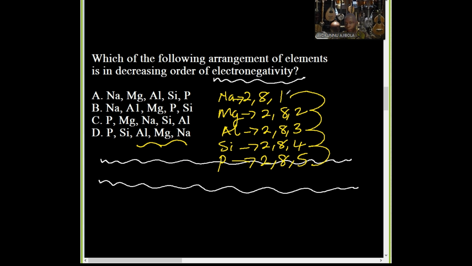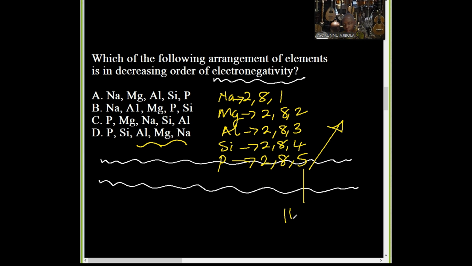So you can see 1, 2, 3, 4, 5. The most electropositive is this one, because it can donate one electron, followed by these two that will donate two, followed by these three, and so on. So if you are looking at the decreasing order of electronegativity, you start from the highest electronegativity.